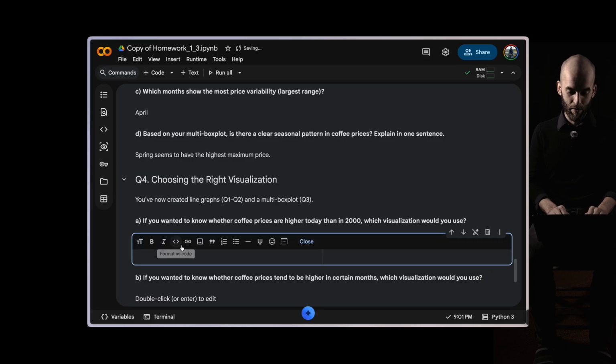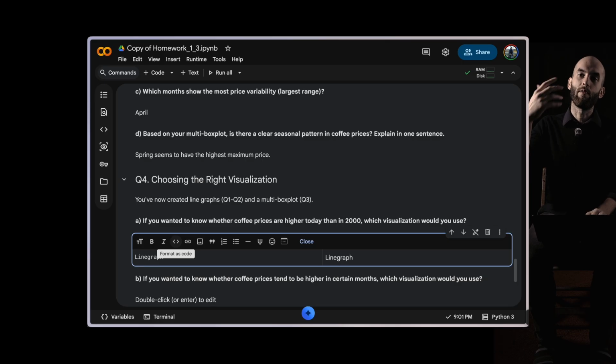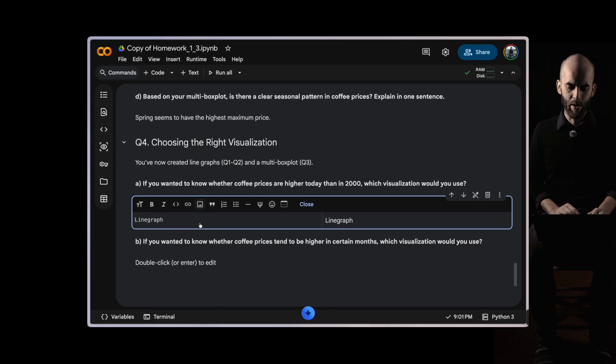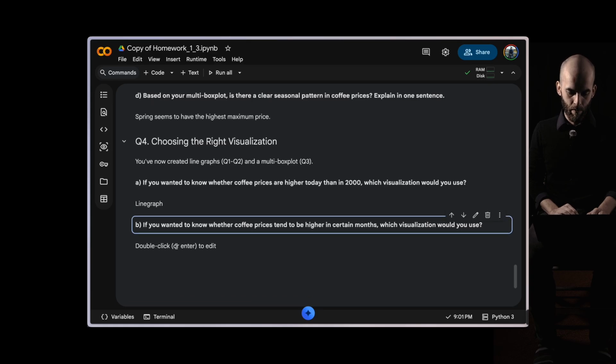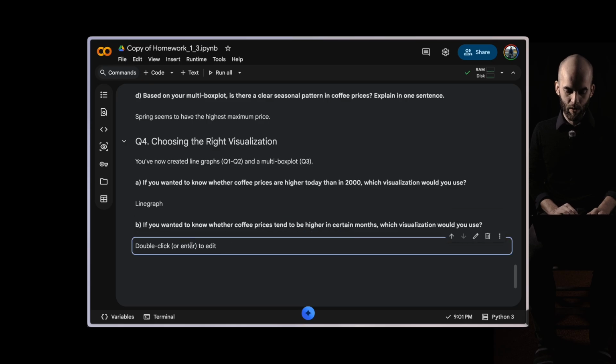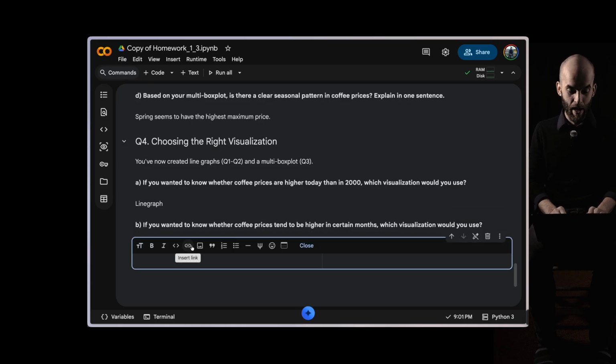I would use a line graph. I want to show how things have changed and then be able to compare between 2 years. The multi-box plot would not make this very clear. And then if you wanted to know whether coffee prices tend to be higher in certain months, which visualization would you use? I would use a multi-box plot by month.